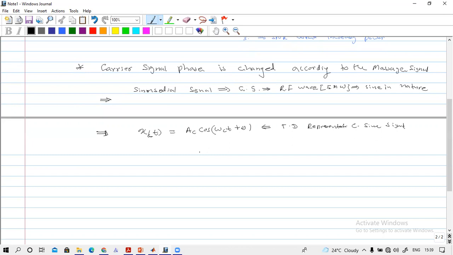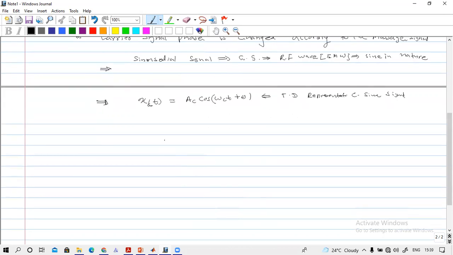I think you already know that. This is the amplitude, normally a voltage level measured in volts.